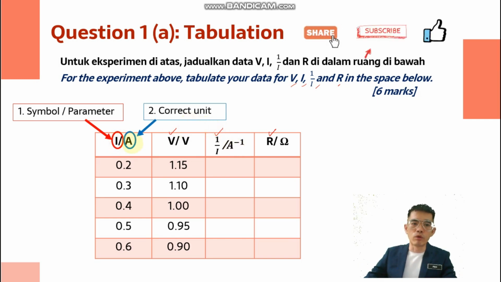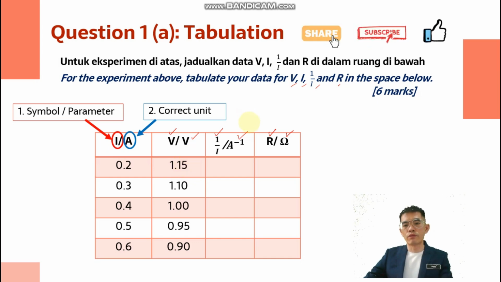For example, current will be ampere, voltage will be volt, 1 over I will be per ampere, then the resistance will be ohm. Here the I shows the 5 manipulated readings which we get by measuring using the ammeter, while the reading for voltage is measured using the voltmeter.